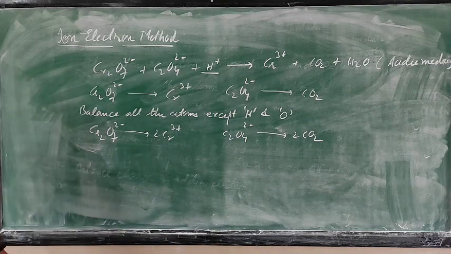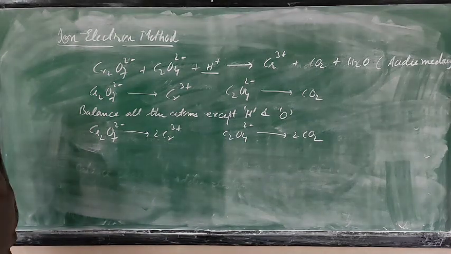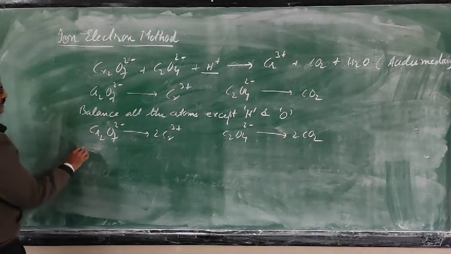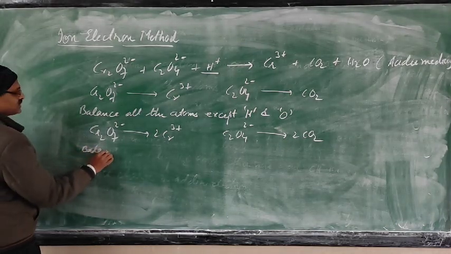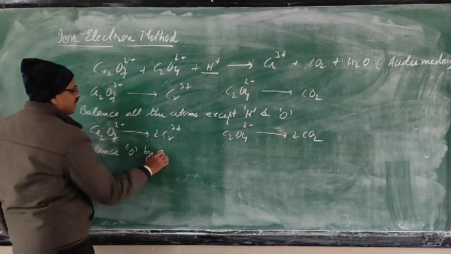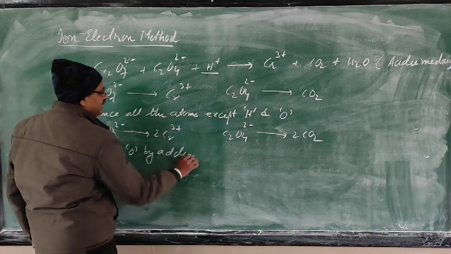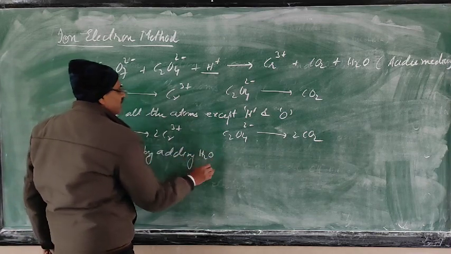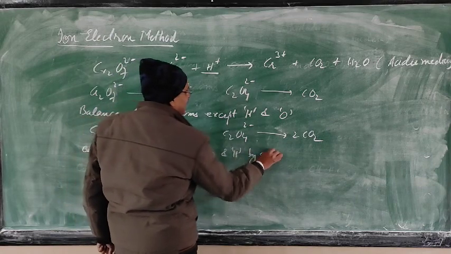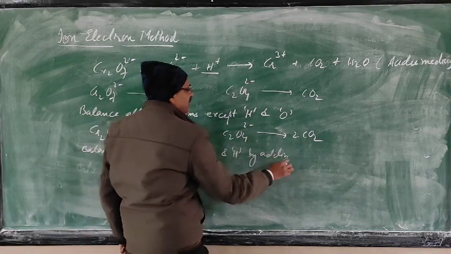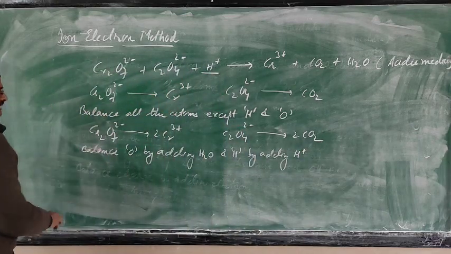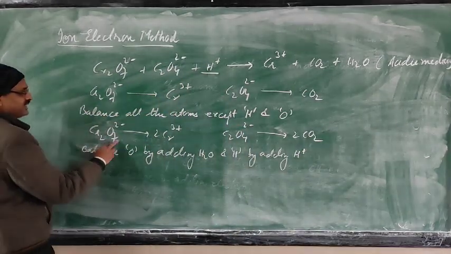Since it is given in acidic medium, balance oxygen by adding H2O and hydrogen by adding H plus. Both the steps we can do together. Just see, on this side 7 oxygen, there none.